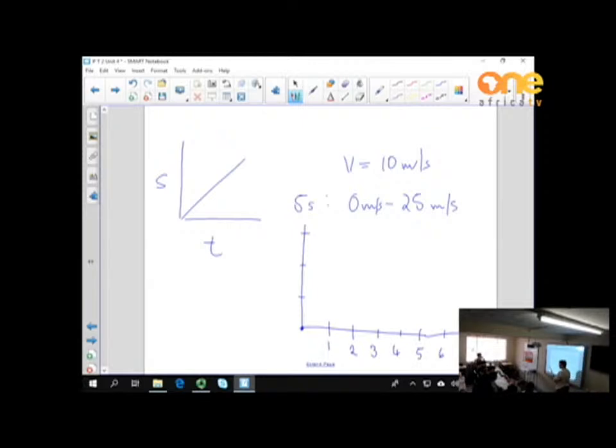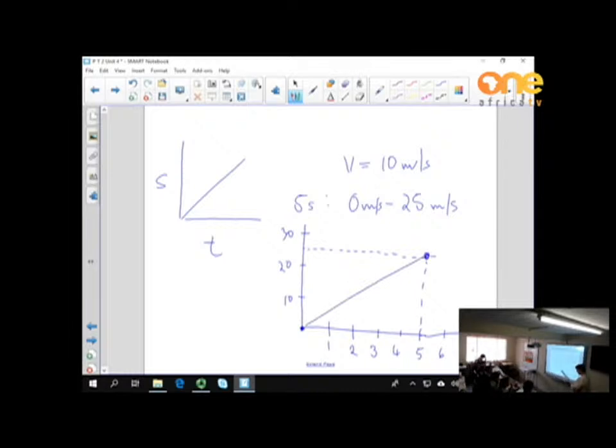And the speed on the y-axis is 10, 20, 30. So for the next 5 seconds, this car is going to accelerate from a speed of 0 to reach a speed of 25 meters per second. So over there and over there, that would be the spot. You would draw a straight line with your ruler.